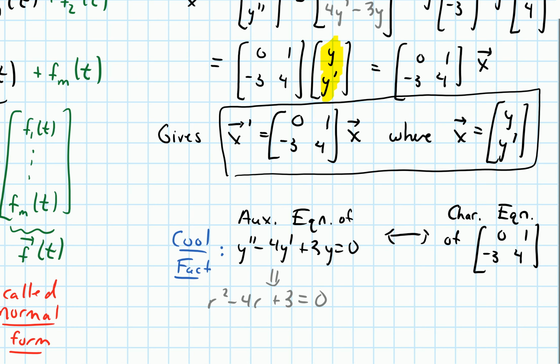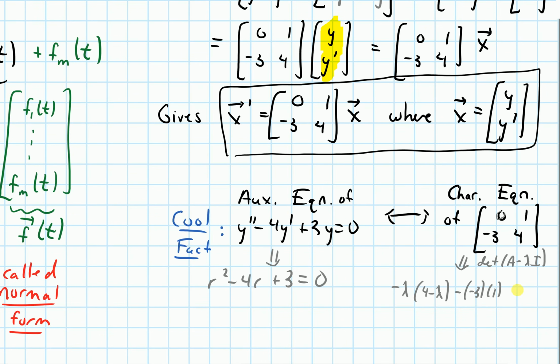If we were to find its characteristic equation and look at the determinant of A minus lambda I, we'd end up getting, this 0 would become a negative lambda, and that would multiply the 4 becoming 4 minus lambda, and then we'd get minus negative 3 times 1, and this needs to be equal to 0. If we simplify this, distributing negative lambda, we'll get lambda squared, minus 4 lambda, and then this negative 3 becomes a positive 3, and that equals 0.